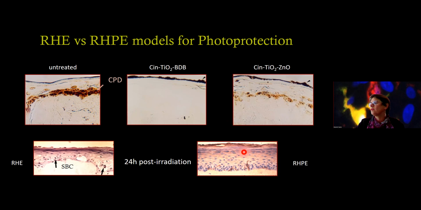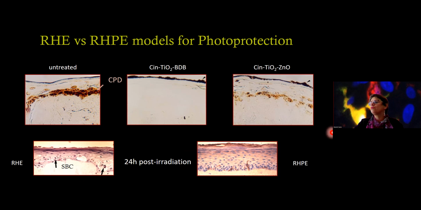The reconstruction was made at the same time, irradiated with the same dose of UV. As you can see, 24 hours after irradiation, here you have a lot of apoptotic cells, which are sunburn cells, which are the hallmark of UV. And here with melanocytes, you see only one sunburn cell.